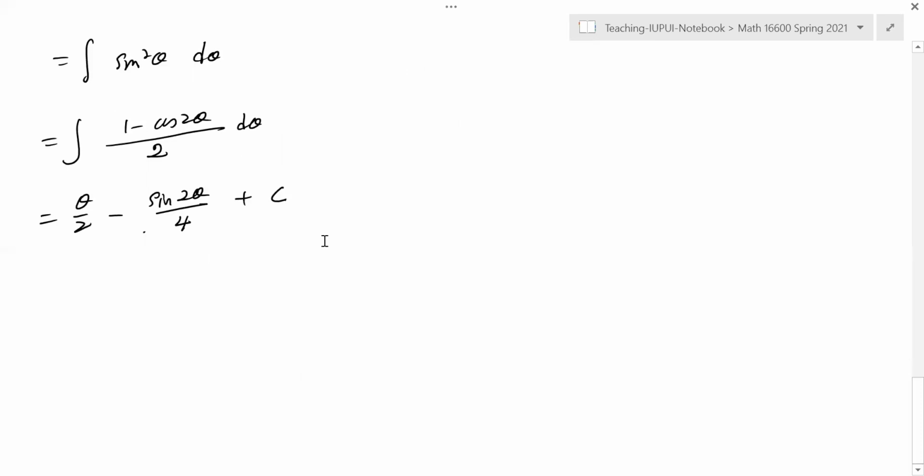Okay. Now, can I change it to u, right? Because theta is going to be the inverse of sine u. Okay, right? So how about sine 2 theta, right? We know that sine theta is going to be u, but actually cosine theta is the square root of 1 minus u squared. Okay, the reason is it's the square root of 1 minus sine squared.